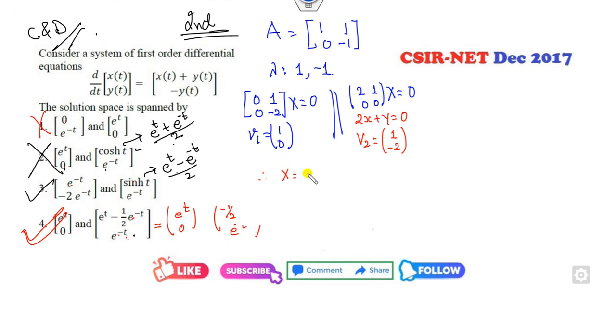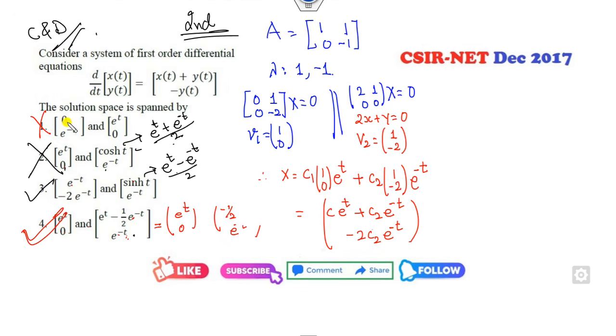So your solution x will be c1 times the first eigenvector corresponding to its eigenvalue, plus c2 times 1, minus 2, e raised to power minus t. So you can see c1 e raised to power t plus c2 e raised to power minus t, and this component will be minus 2 c2 e raised to power minus t.